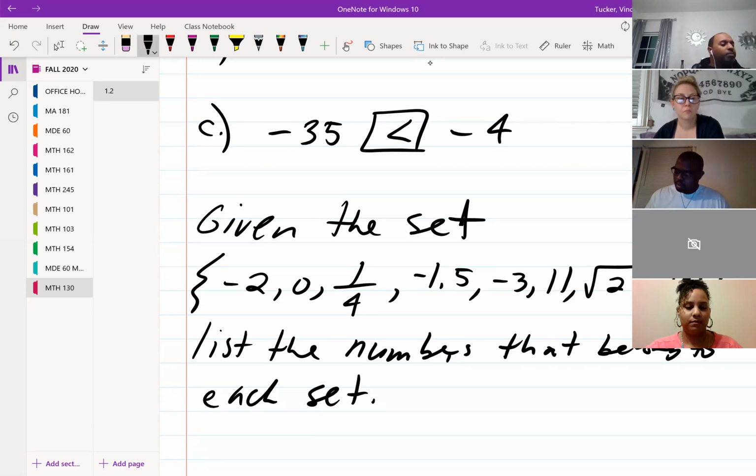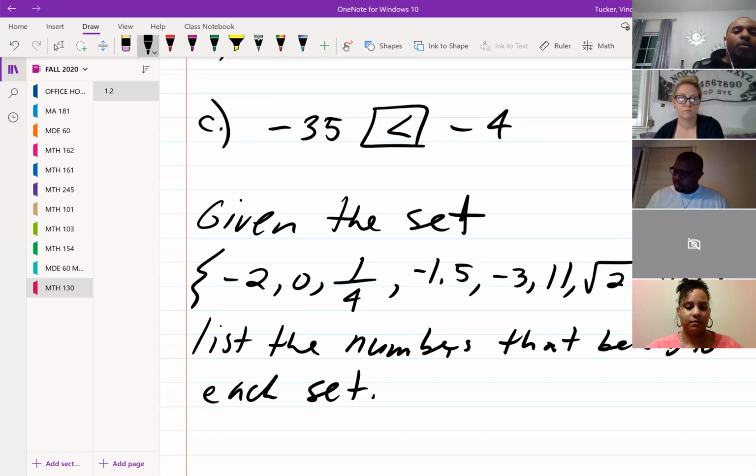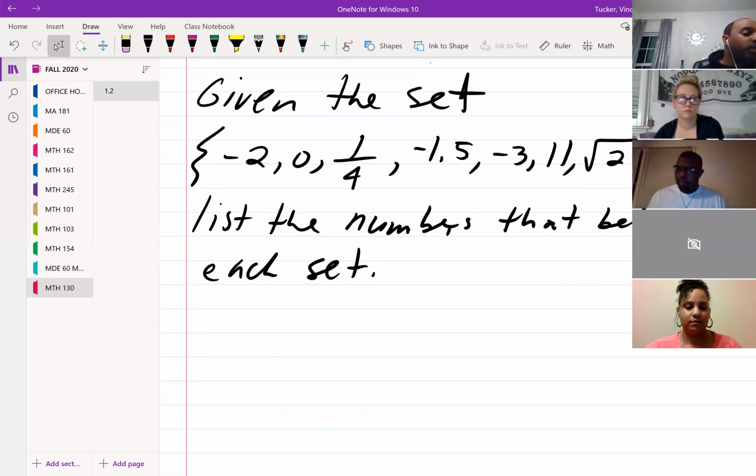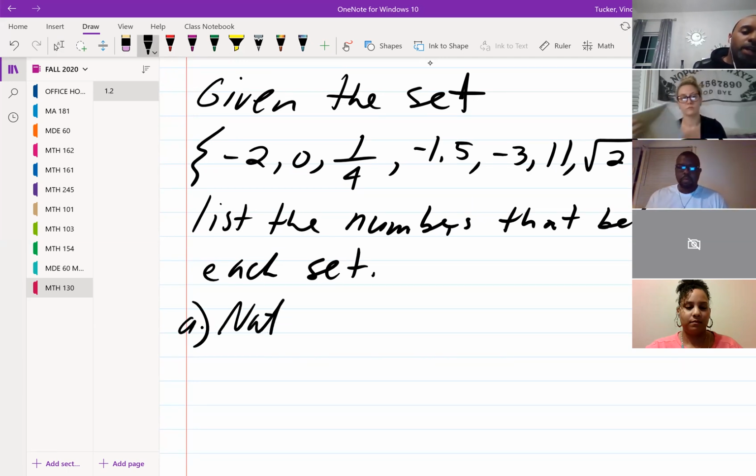Okay, so they give us negative 2, 0, 1/4, negative 1.5, negative 3, 11, square root of 2, and square root of 81. And we want to list each one of the numbers that fit into the sets that we discussed initially. So first, our natural numbers.